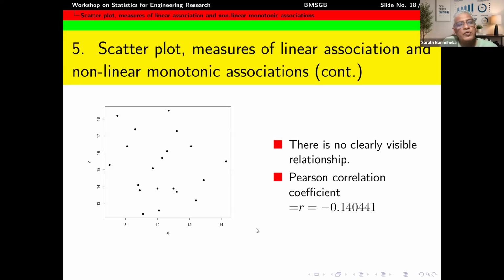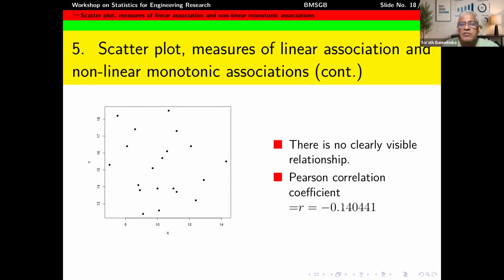And here, if you look at the graph, of course, I don't see any pattern. So just by looking at this, I would guess that there is no linear or non-linear relationship in this case. But anyway, I just calculated R here. I can see that R is negative, but that doesn't mean there is a negative relationship.